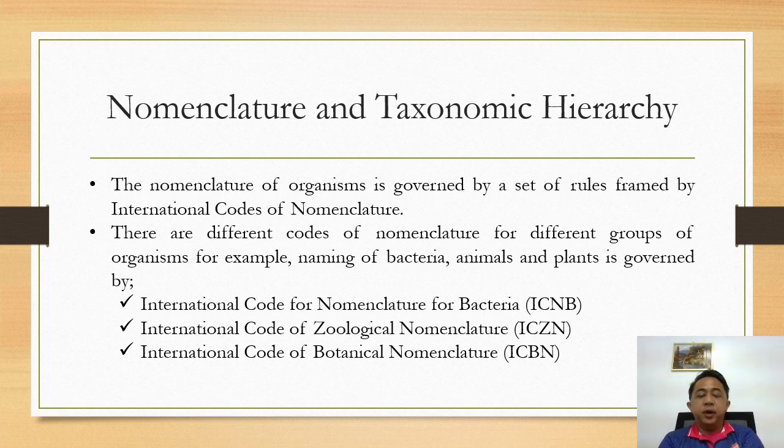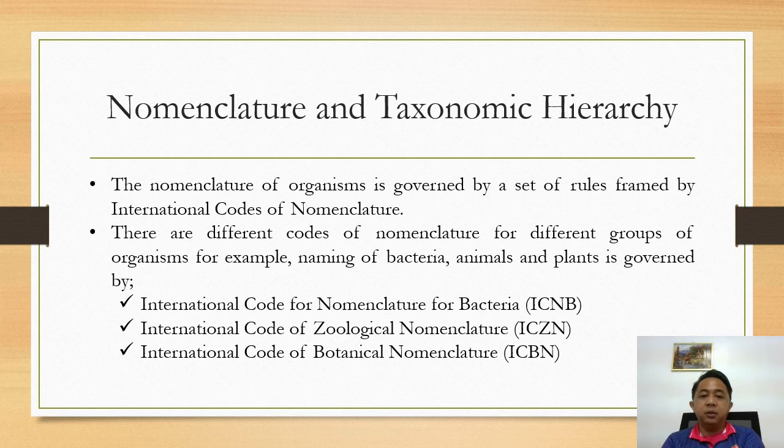For the discovery of new strains of bacteria, we have the ICNB, or the International Code for Nomenclature of Bacteria. And then for zoological nomenclature, we have the International Code of Zoological Nomenclature, or the ICZN. And then we have also the International Code of Botanical Nomenclature, or ICBN.